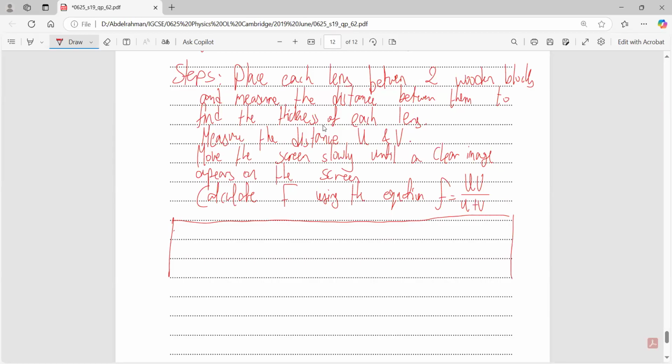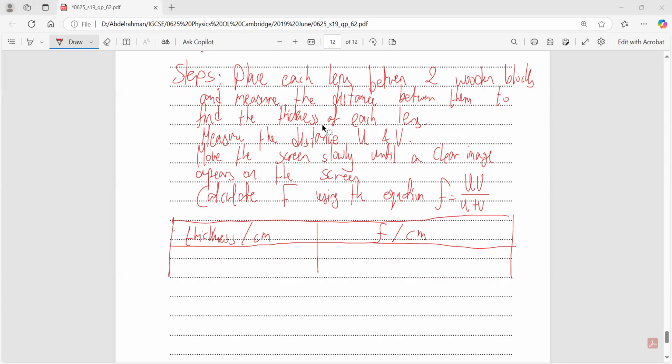The table has only two columns: the thickness in centimeters, or in millimeters if you wanted the thickness to be 10, 20, 30, 40 millimeters, and the focal length in centimeters.